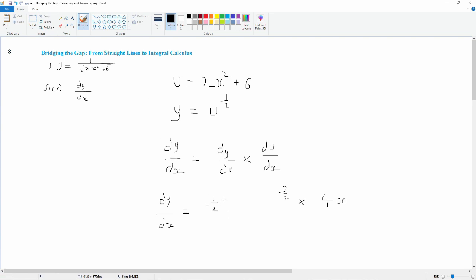So u is equal to 2x squared plus 6, and then that's raised to the power of negative 3 over 2. And all that is multiplied by 4x. We could simplify that if we want, but that is actually the answer.